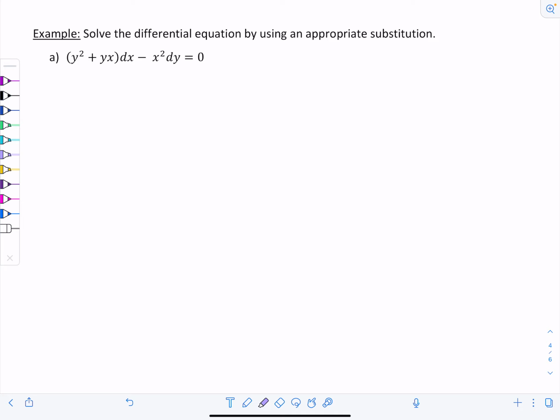So I'm always going to check. I'm just going to count the degree of each term. So if this is m of xy, degree of all the terms, y squared degree 2, y times x degree 2. This would be n of xy, negative x squared, that's degree 2. So yes, this differential equation is indeed homogeneous of degree 2.